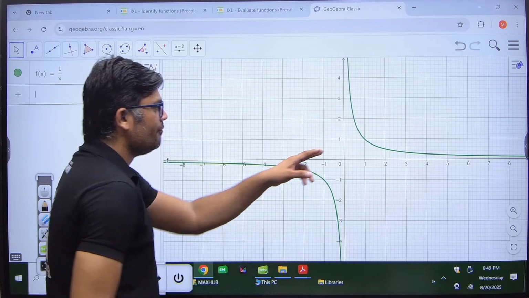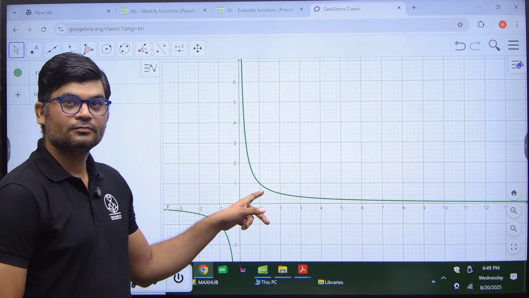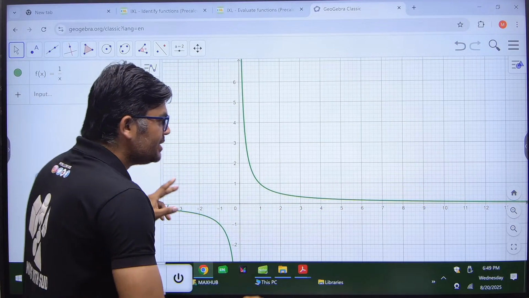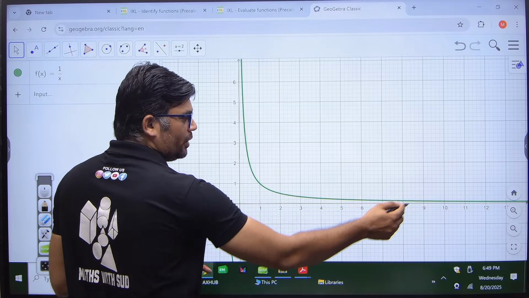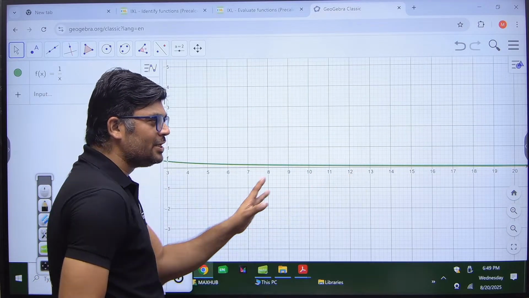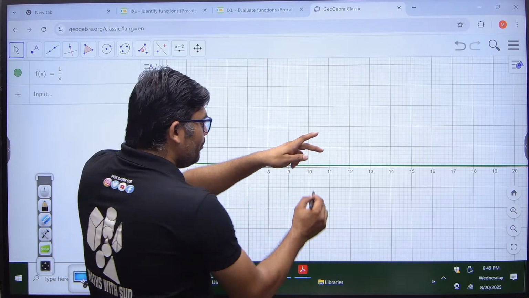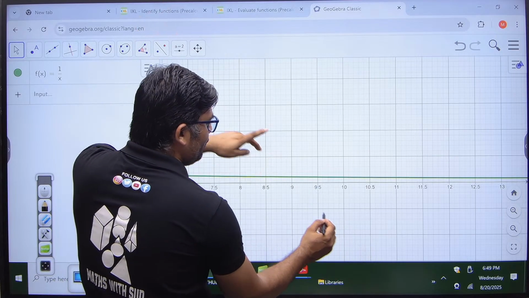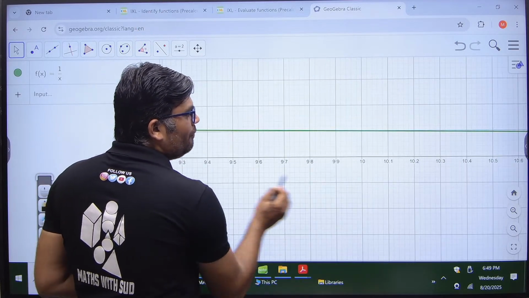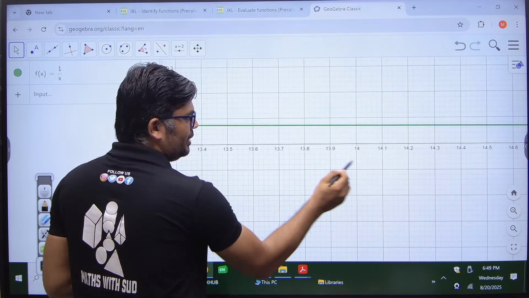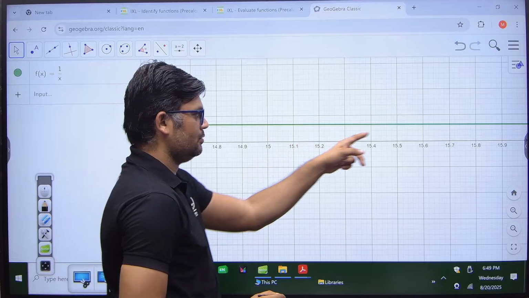Can you see this graph? So when x is very big, it seems like it is going to 0. Can you see that it is going closer and closer to the x-axis? But if I keep zooming, you will find it is never going to touch the x-axis. See? So it's called an asymptote.